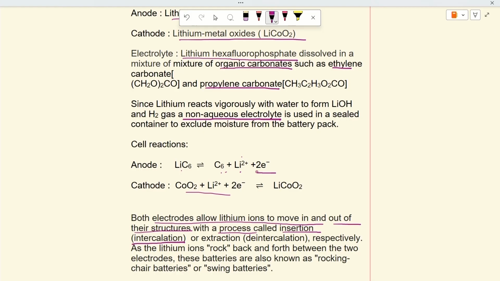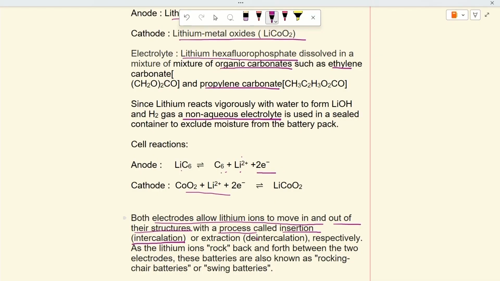Extraction, where lithium is being extracted out of the graphite, is known as de-intercalation. So, these are the processes taking place: de-intercalation, where lithium ions are extracted, and then they are inserted into the cathode, which we call intercalation.